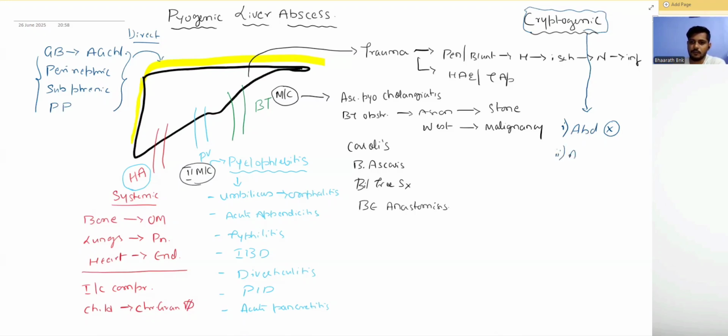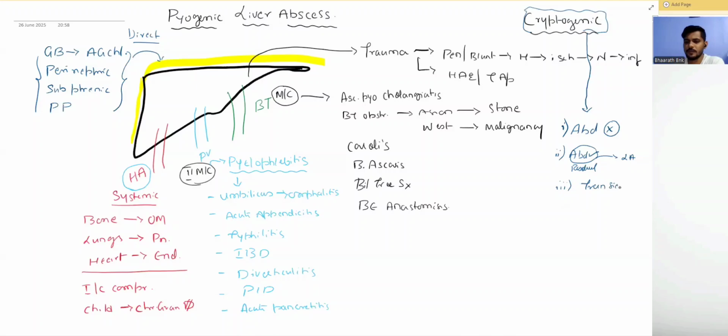Or second, there was an abdominal cause, some infection in the abdomen, but by the time the liver abscess developed, this abdominal infection had resolved by itself. So either the abdominal cause couldn't be found, or the abdominal infection had already resolved by the time they presented with liver abscess.